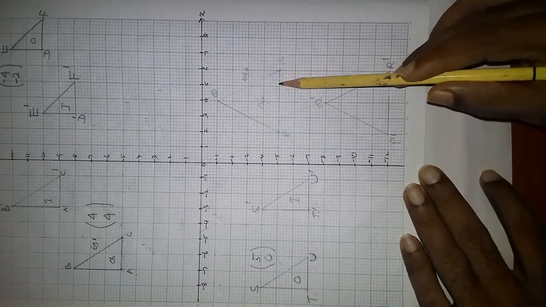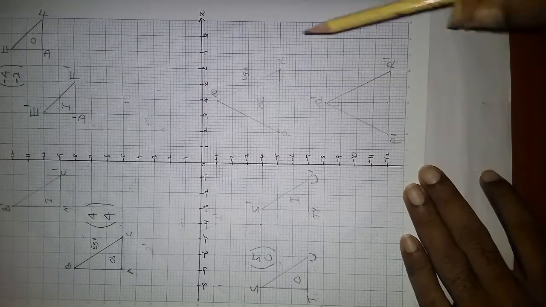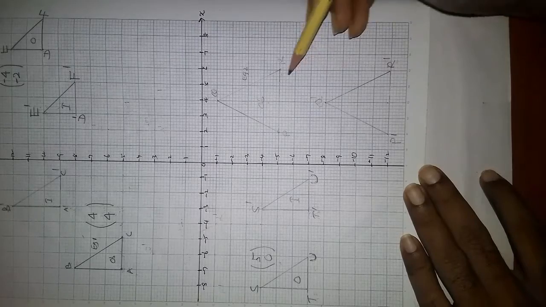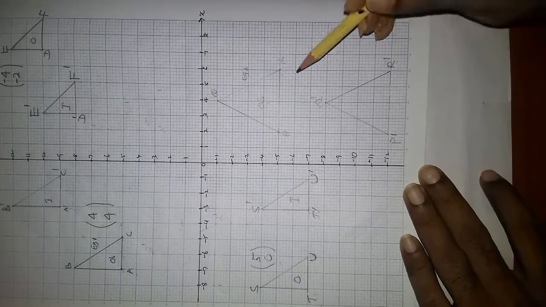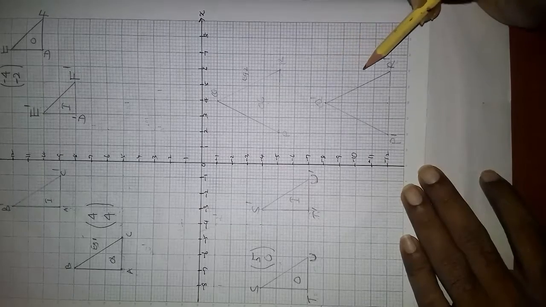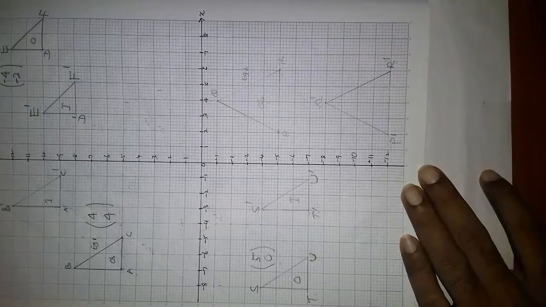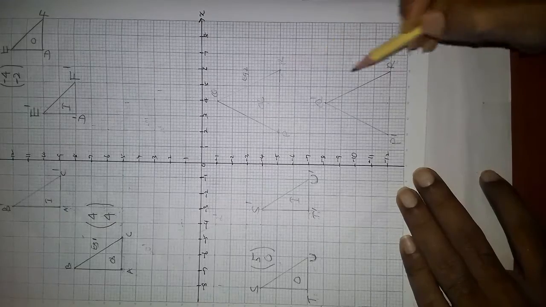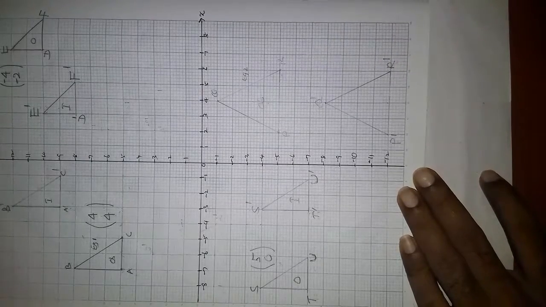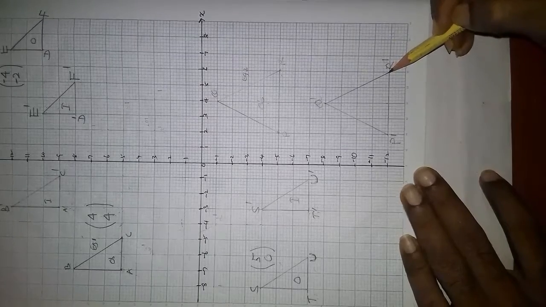If you go leftward, you don't meet R dash either. Therefore R and R dash are vertically in line. So go downward 1, 2, 3, 4, 5, 6, 7. When you go vertically only, you meet R dash.